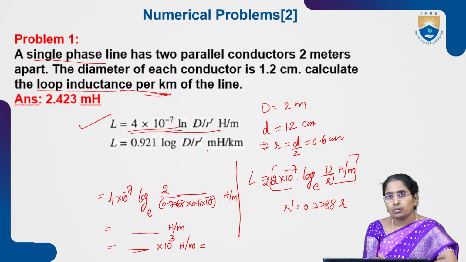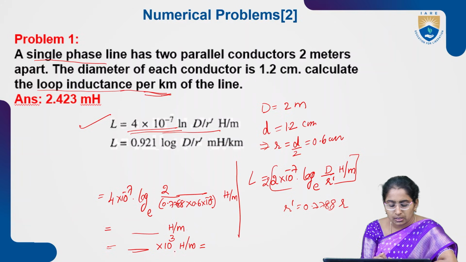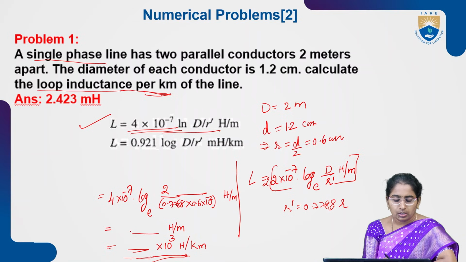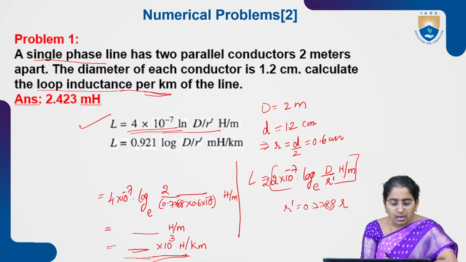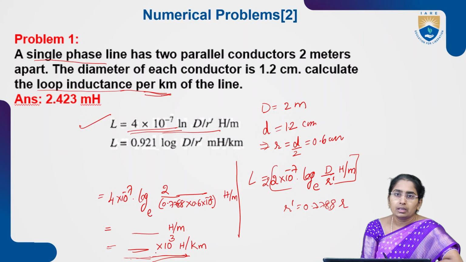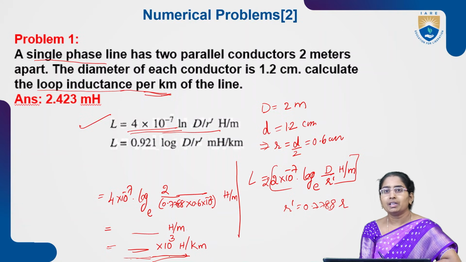Sorry, this is for kilometer. Using a scientific calculator, calculate this in Henries per meter, then multiply that by 10 cube and we get the final answer, in Henries per kilometer.